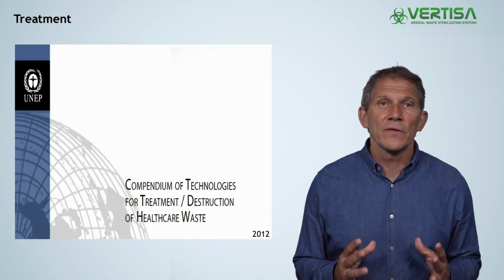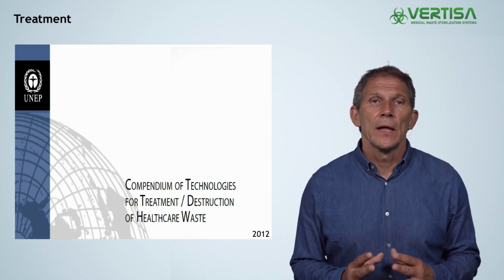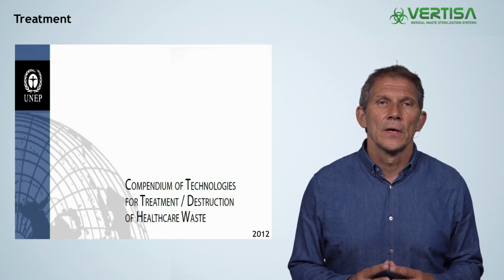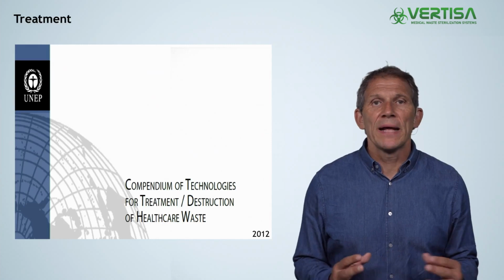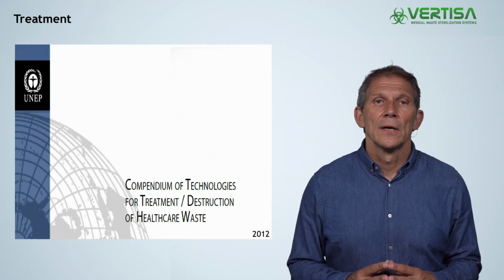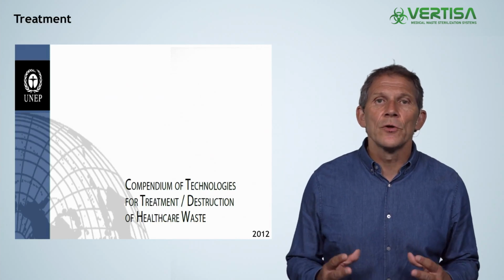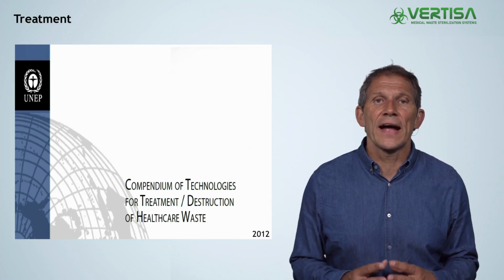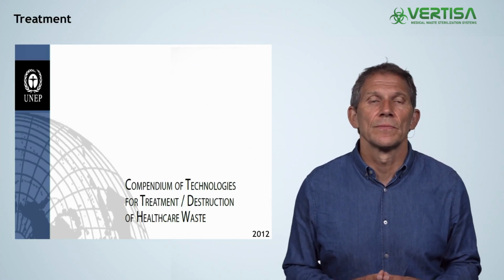Now let's look at healthcare waste treatment. Healthcare waste treatment systems are commercially available today. The choice of technology depends on the characteristics of the waste of the healthcare facility, the capabilities and the requirements of the technology, environment and safety factors, as well as cost.